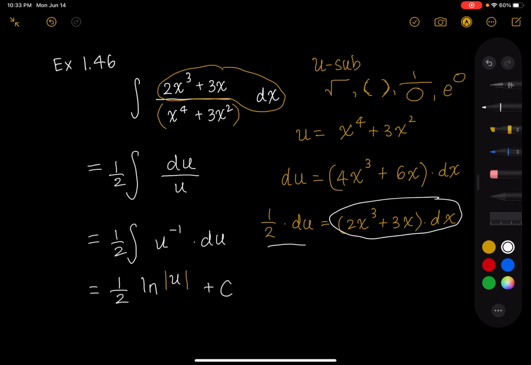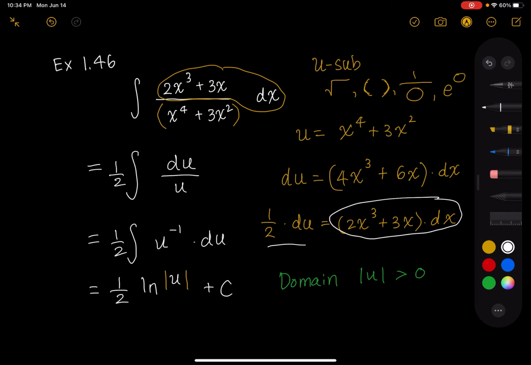But we put the absolute value there to ensure the domain restriction is there: absolute value of u is greater than 0. So we make sure that the expression is in the domain of the function, the log function.